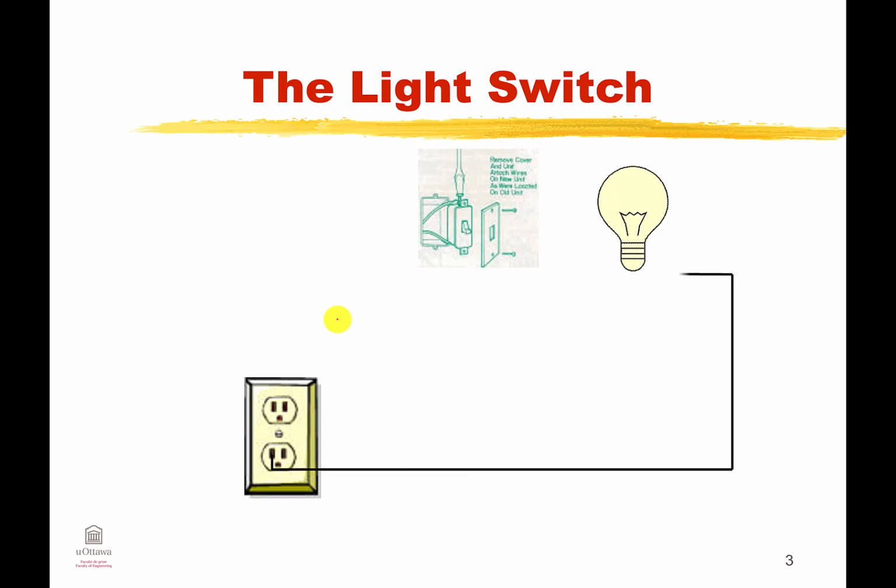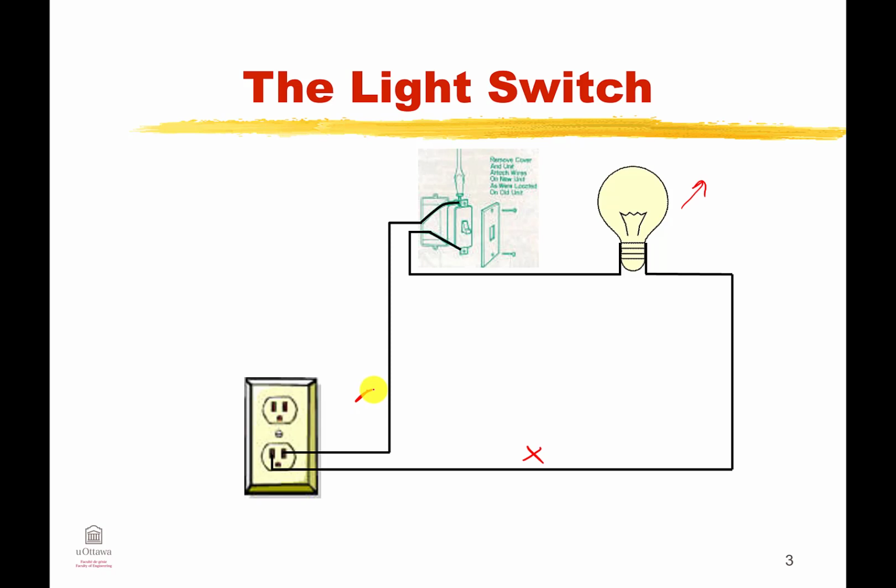I have a light switch circuit here, which contains a bulb as well as an outlet, and then we have a switch somewhere that is connected back to the outlet, because we would like to have something that provides positive and negative so the circuit can work.